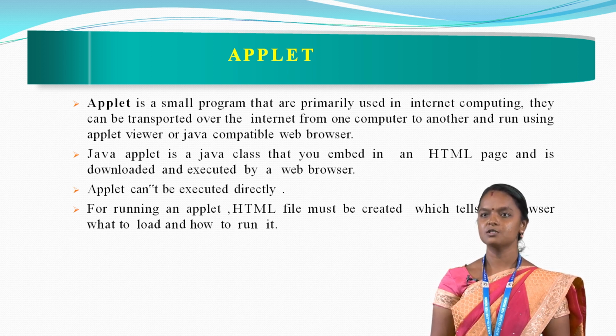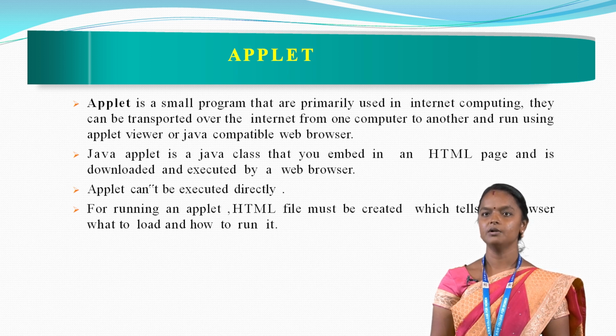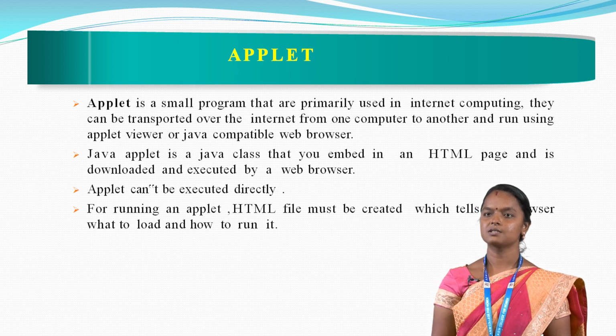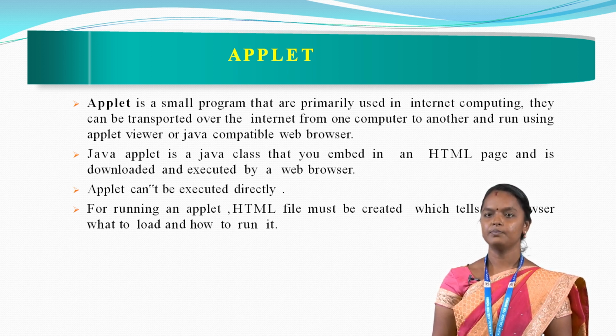They can be transported over the internet from one computer to another and run using Applet Viewer or a Java compatible web browser. A Java applet is a Java class that you embed in an HTML page, and it is downloaded and executed by a web browser. An applet cannot be executed directly.